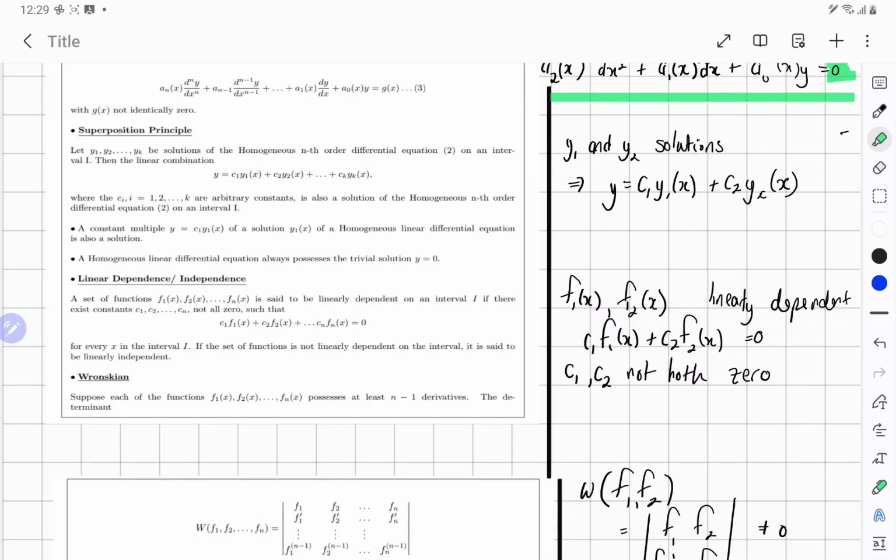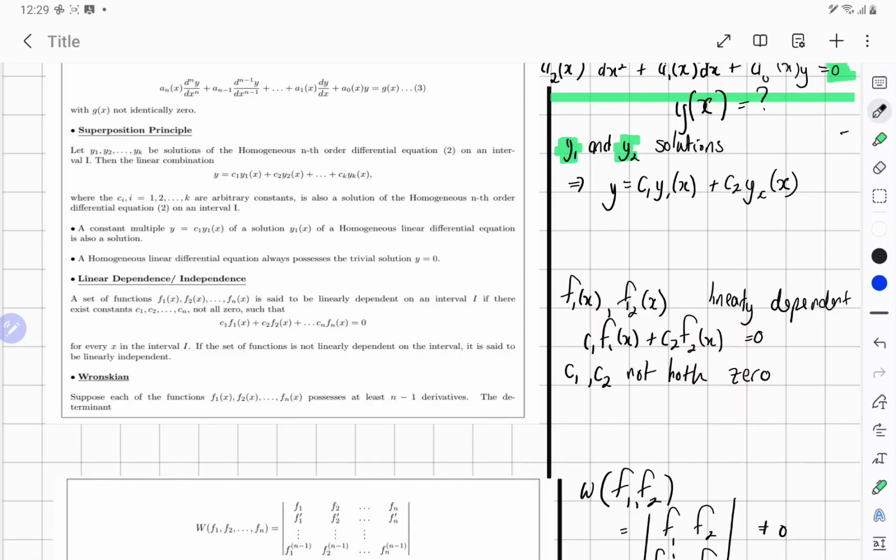So if we have two solutions, just recall, I'm trying to solve for y(x), a second order differential equation. If I have two solutions to the second order differential equation, so they are both solutions, then the linear combination of those two solutions will again be a solution.